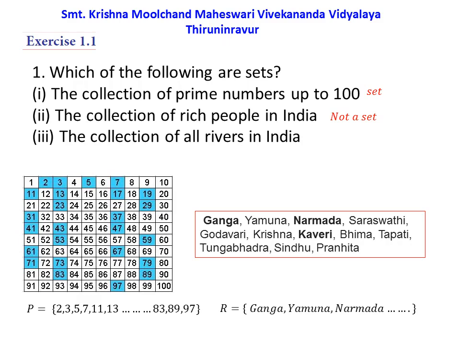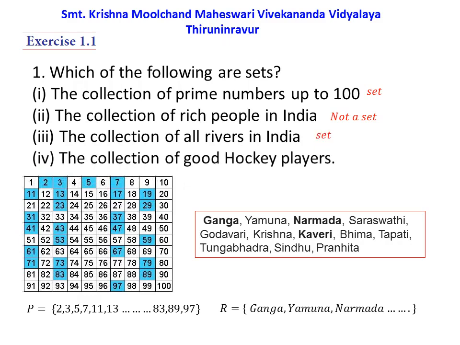This answer may not vary from person to person. It is well defined. Yes, set. The collection of good hockey players. Not a set. Good hockey players? That answer may vary from person to person.